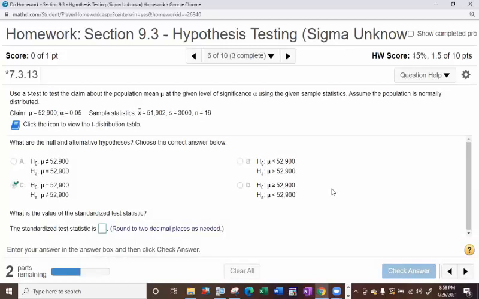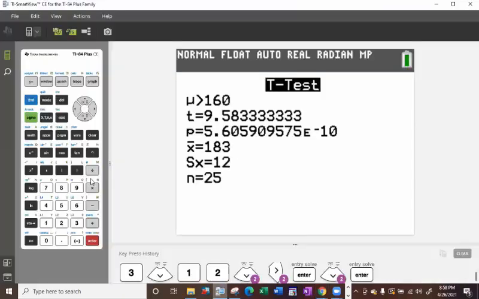Test statistic. All righty. Let's bring up our old friend, the calculator here.